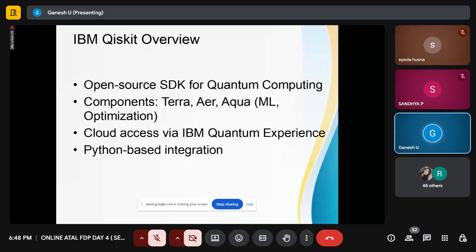The core is written in C++ for speed, allowing developers to test and debug algorithms locally before running them on actual limited quantum hardware.